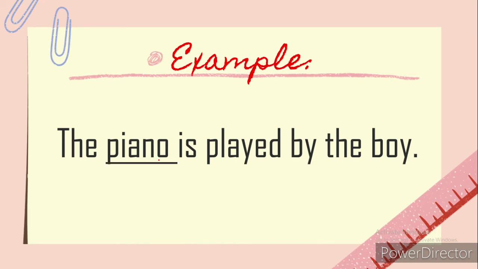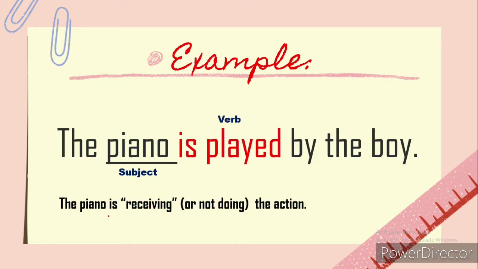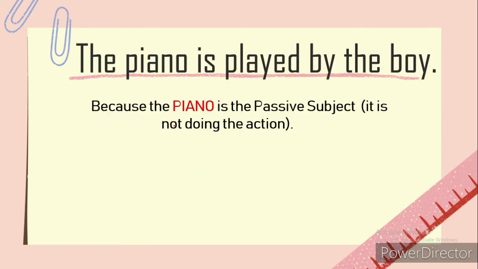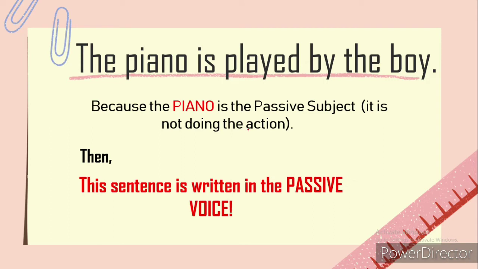Piano is the subject. Is played is the verb. The piano is receiving or not doing the action. Therefore, the piano is the passive subject. Because the piano is the passive subject or it is not doing the action, then this sentence is written in the passive voice.